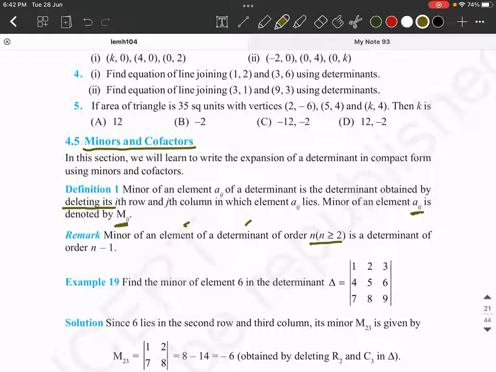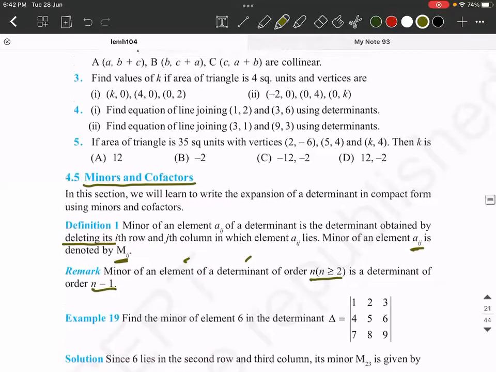The determinant is the number itself. There is no concept of minor for it, because you should eliminate that number. That is why the minimum order of a square matrix for which you can define the minor is 2. Then what will be the order of the matrix that you obtain? n minus 1. Right.